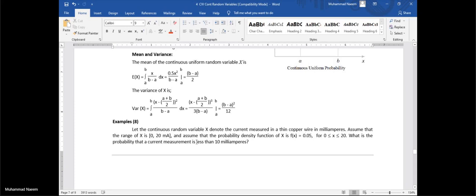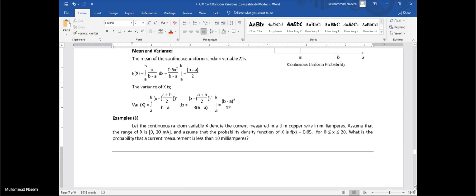We need the probability for x less than 10. As much as we have our lower limit, our lower limit is 0, so we will integrate our density function from 0 to 10. This will be the probability for less than 10.